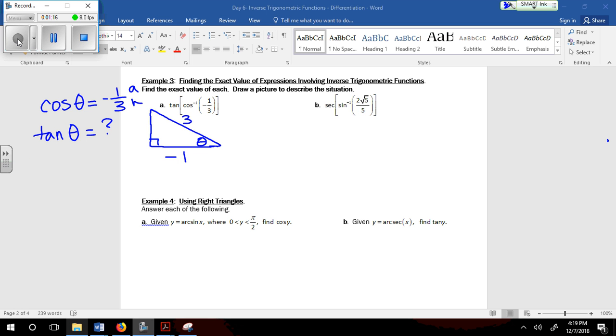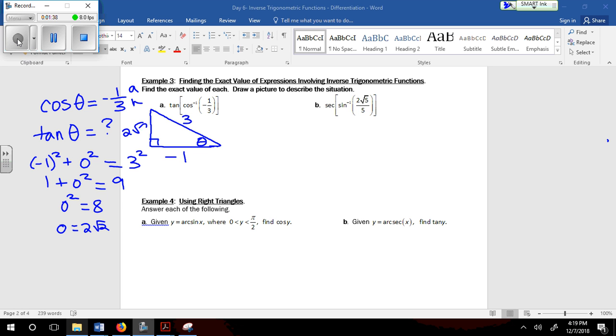So we can do Pythagorean theorem. Negative 1 squared plus... sorry, not 3, plus the opposite squared equals 3 squared. So we're solving for opposite. We end up getting 2 root 2.